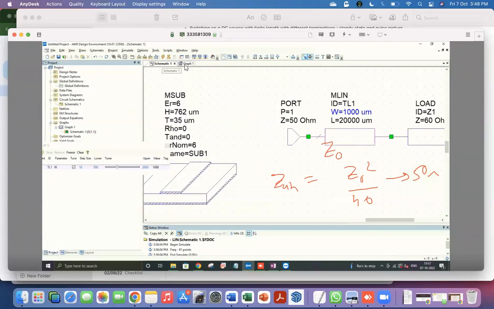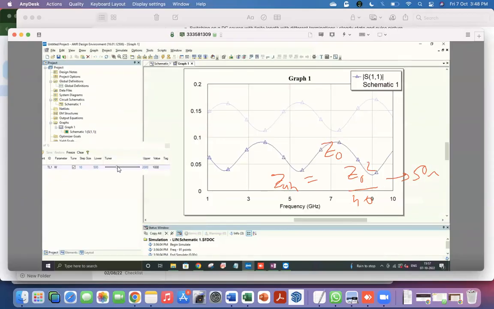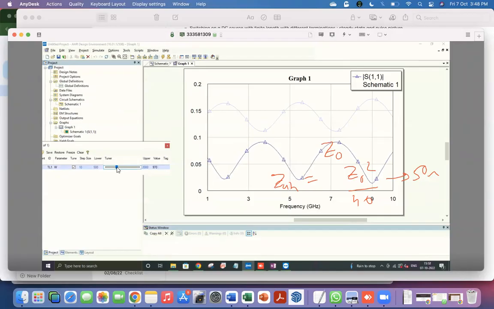Now right there, I get this, 930 is the width. And now at this point, it matches. What is the frequency?